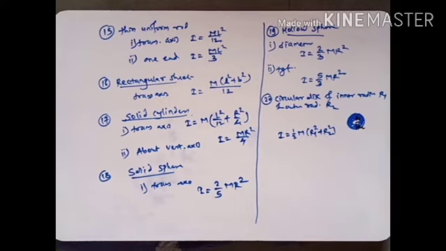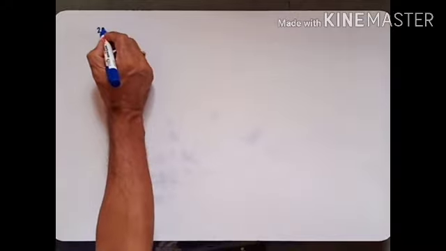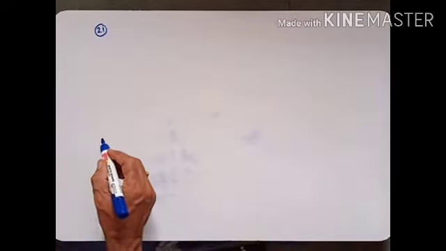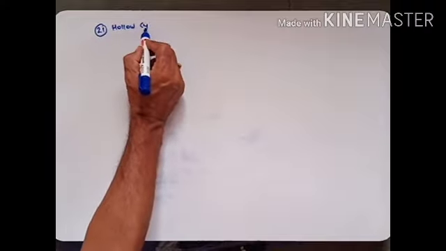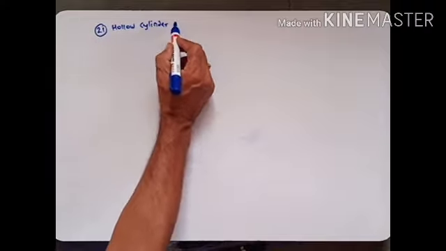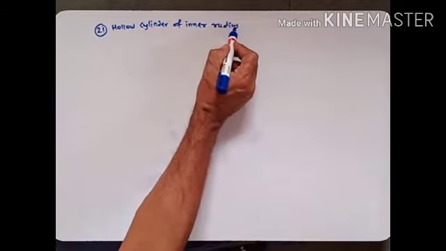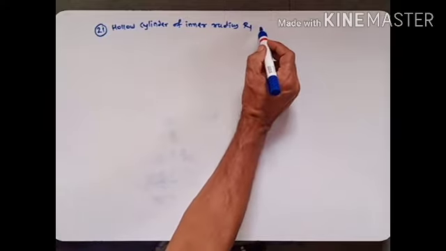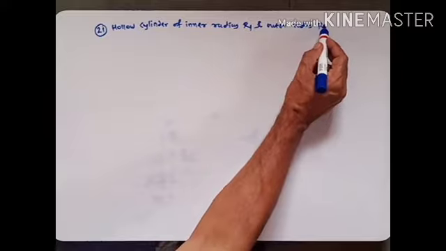Now point number 21. Here, hollow cylinder of inner radius r1 and outer radius r2.